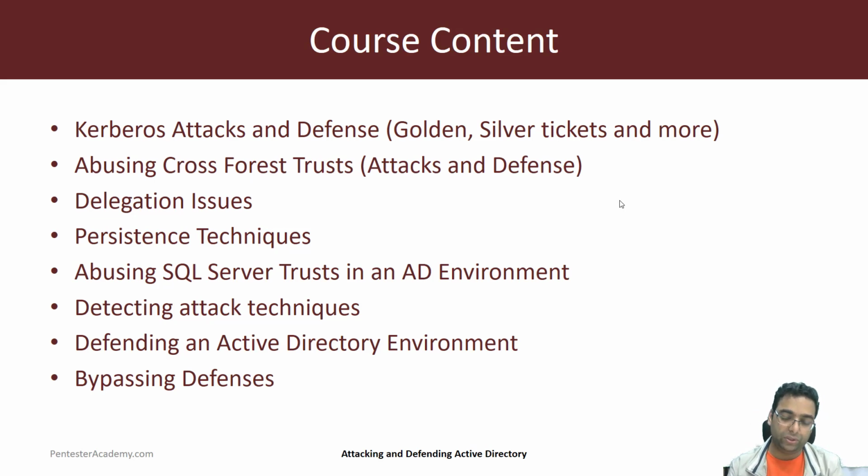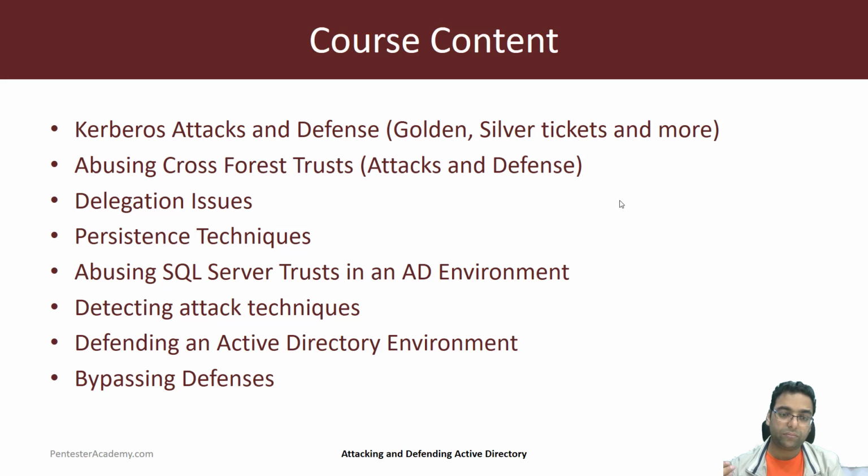We will talk about delegation issues in Kerberos, unconstrained and constrained delegation, how that can be abused, how that leads to privilege escalation. Then we move ahead and talk about more persistence techniques like modifying host-based security descriptors onto the domain controller. We will talk about malicious SSPs.